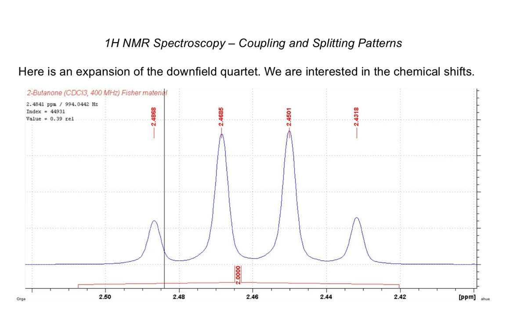So here's an expansion of the downfield quartet. Quartet meaning it has 4 lines in the signal. And that arises because there are 3 neighboring hydrogens.